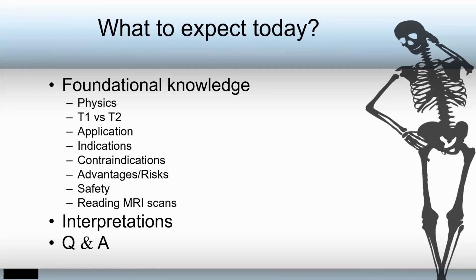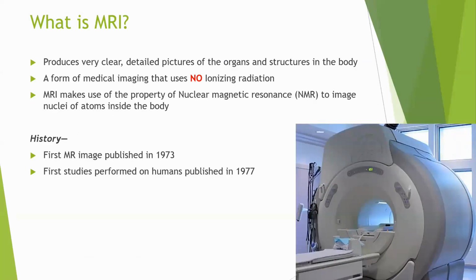So what is MRI? In essence, MRI produces extremely clear and detailed pictures. Pictures of what? Obviously, it will show you the entire systems of the body, but more so differentiating different structures in relation to each other. Please don't forget, as I told you earlier, always have a pen and paper. I will not read verbatim whatever is on the slide.